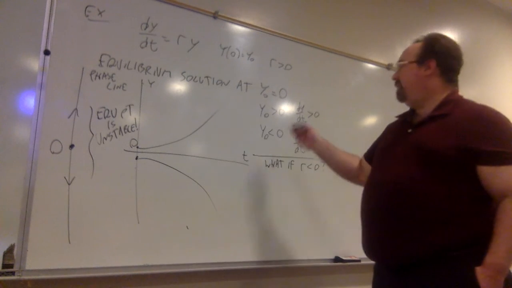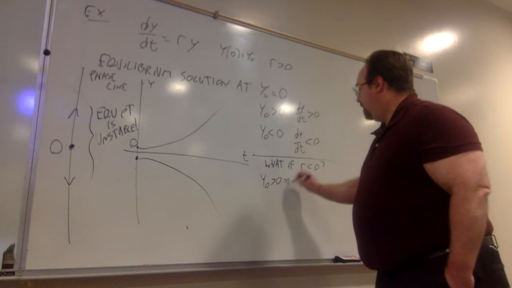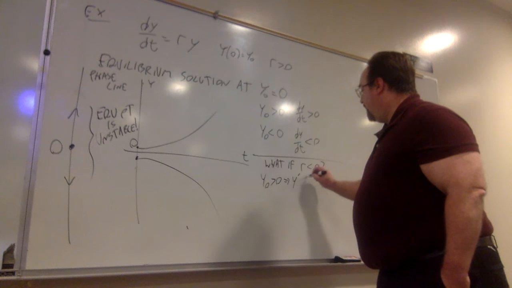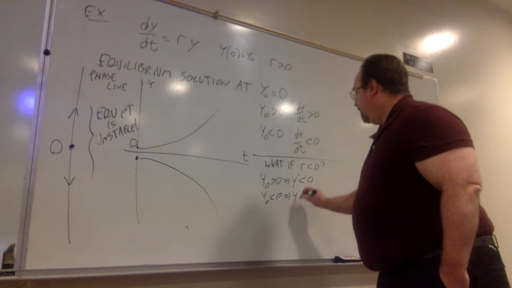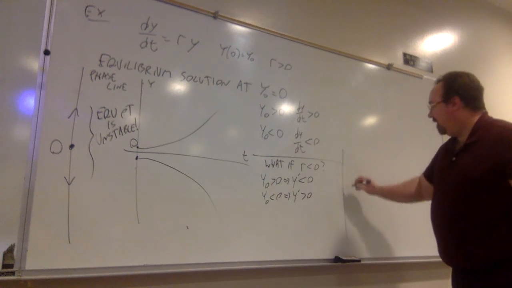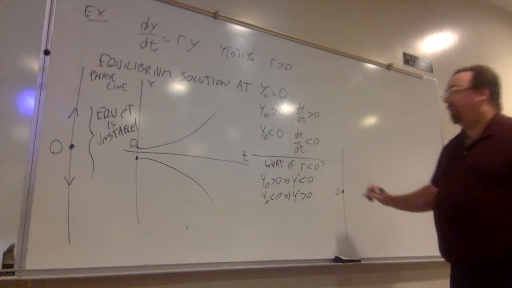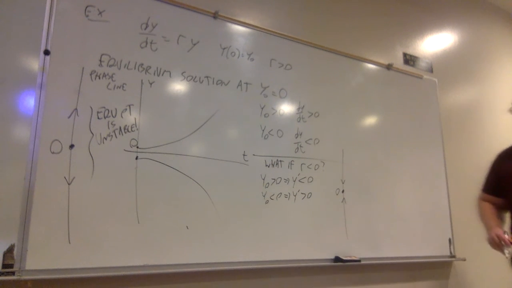So the signs will be different. If y naught is positive, y prime is negative; if y naught is negative, y prime is positive. So on your phase line in this case, I mark 0, and I get this situation. Solutions are converging towards this equilibrium line.